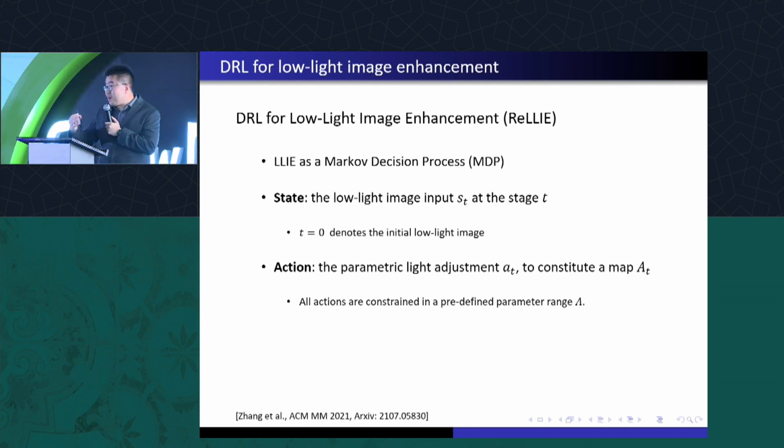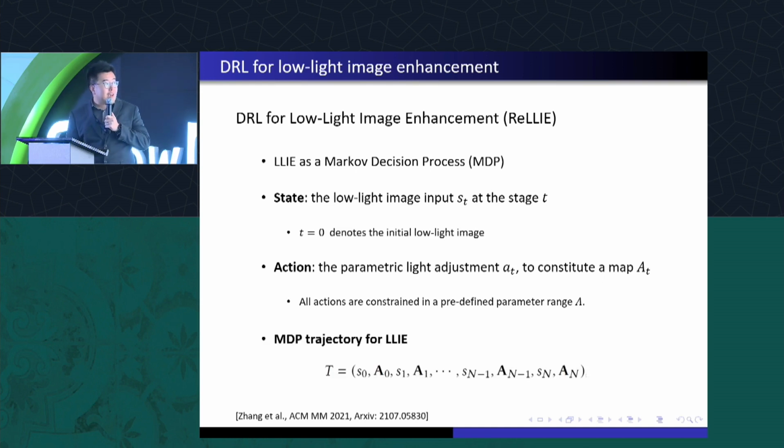In this case, it will be a light adjustment curve where we parameterize the whole curve definition and allow those parameters to be learned, right? And by having these definitions, the whole low light enhancement process can be modeled as an MDP trajectory from your initial state, to action items, followed by the next state, right?